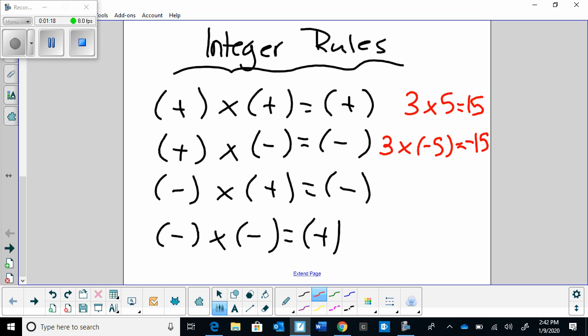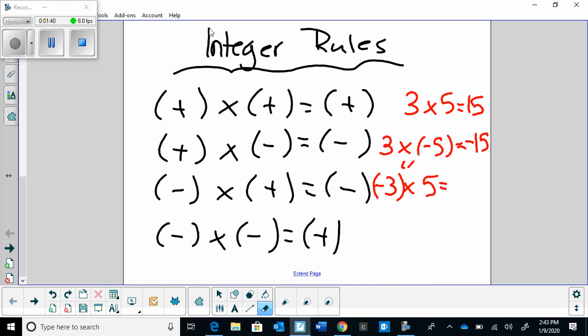And then the one below that, if it's negative 3 times positive 5, we always want to put brackets around our negatives as a good habit. Negative 3 times positive 5, well, that means the same thing. These two are equal. They mean the exact same thing. We can always reverse them.